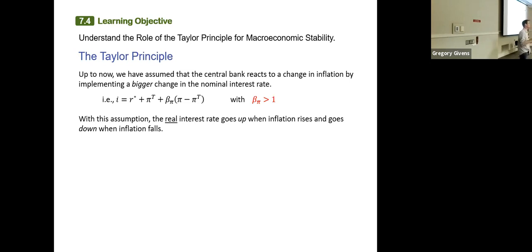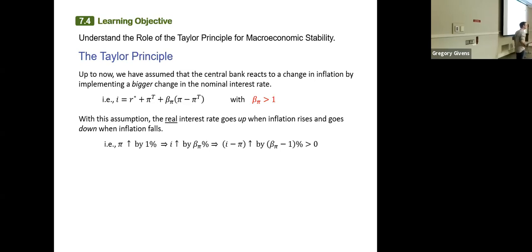That's an important point. So this assumption that beta pi is bigger than 1 means that anytime the central bank is adjusting the nominal rate in response to a change in inflation, it will induce a change in the real interest rate in the same direction as the change in the nominal interest rate, okay?